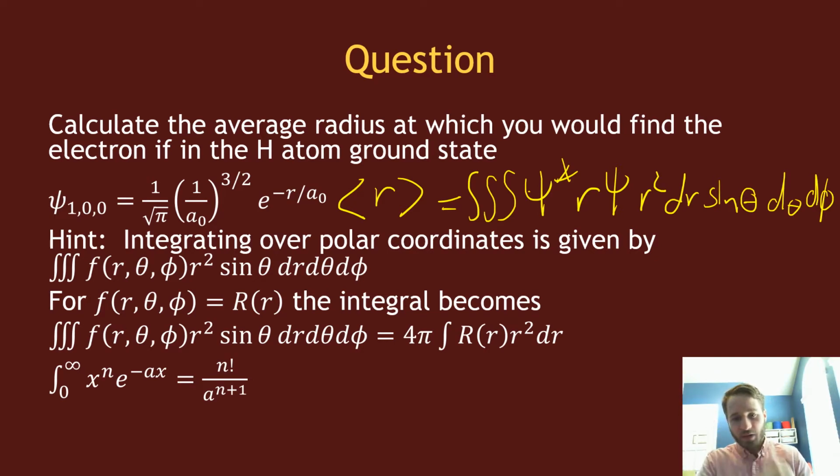If we're ever needing to do something like this, what this simplifies down to is an integral over theta times an integral over phi times an integral over r. You just do each of those one-dimensional integrals independently of each other and multiply the final values together.